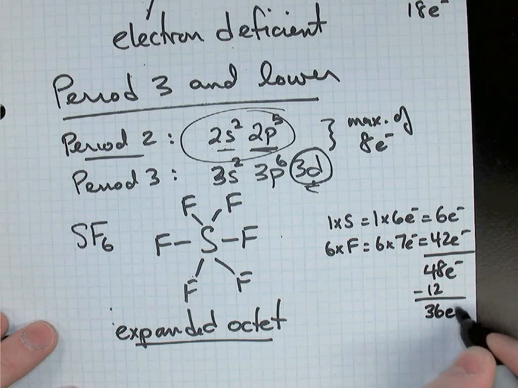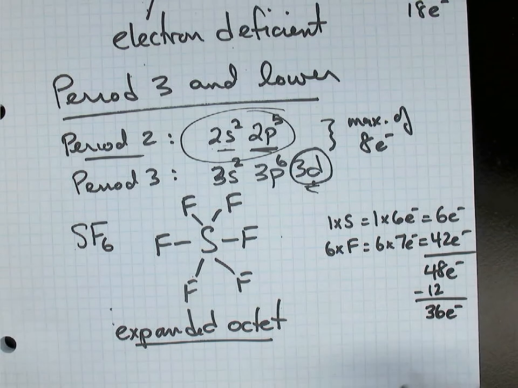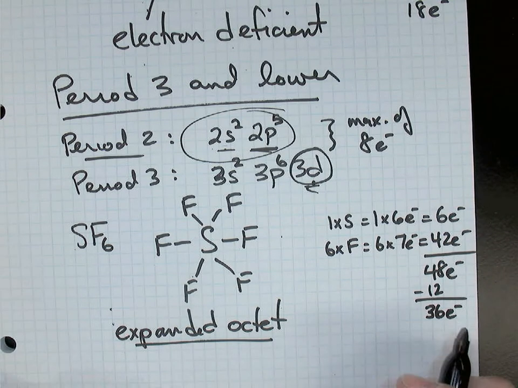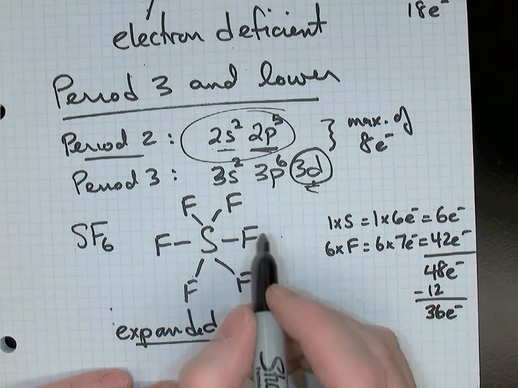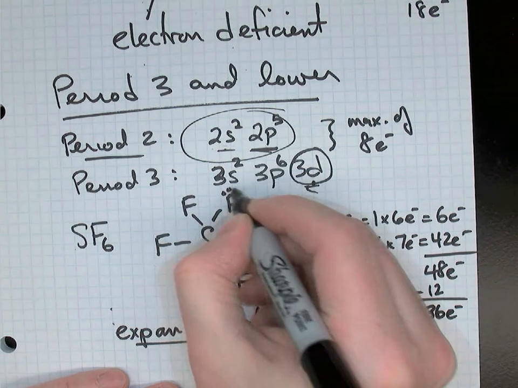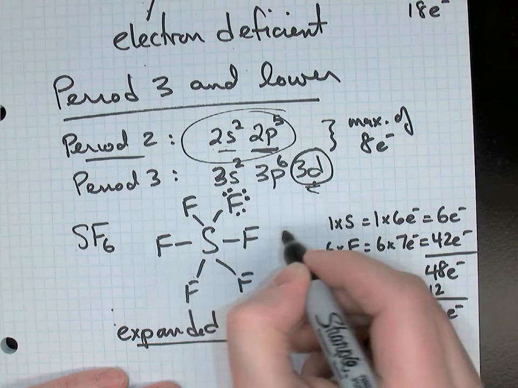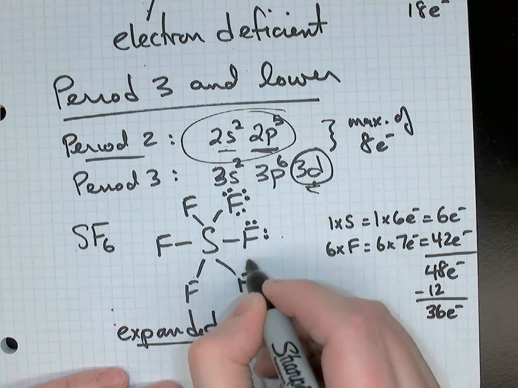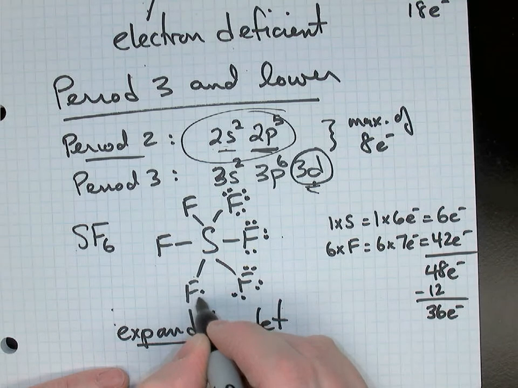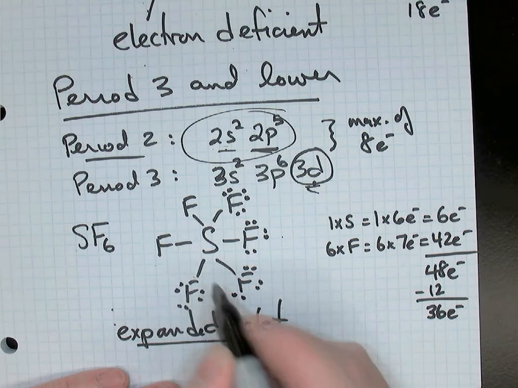And we notice that each fluorine needs 6 more electrons to get their octets. So if we take these 36 electrons and divide them equally among the 6 fluorines, we'll give the fluorines, each of them, an octet. But the sulfur ends up with 12 electrons around it, therefore it ends up with an expanded octet.